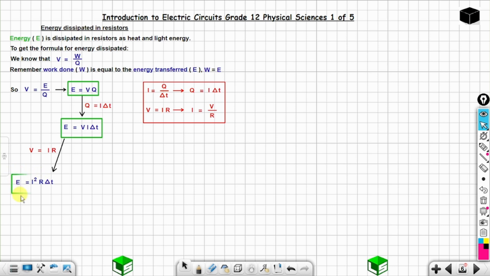Okay, you have this formula. Let me explain. So you have energy is equal to, instead of voltage, you have current times resistance times current times change in time.